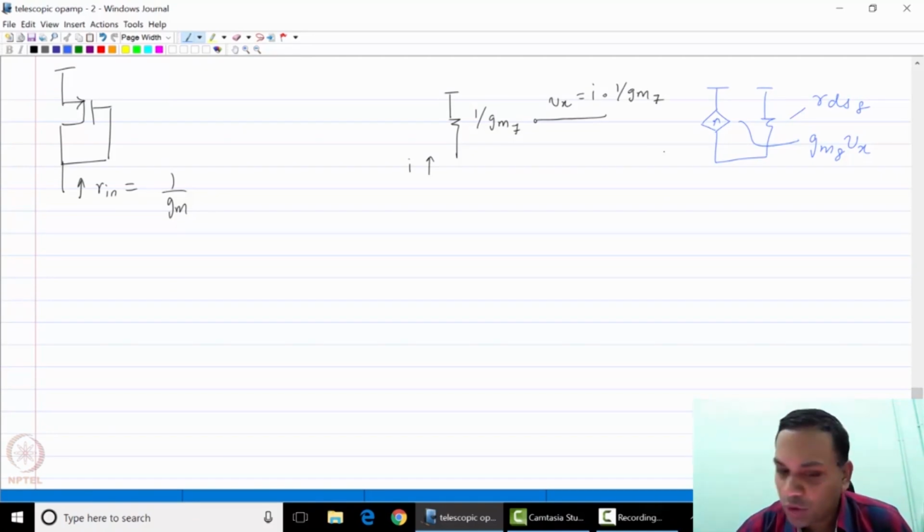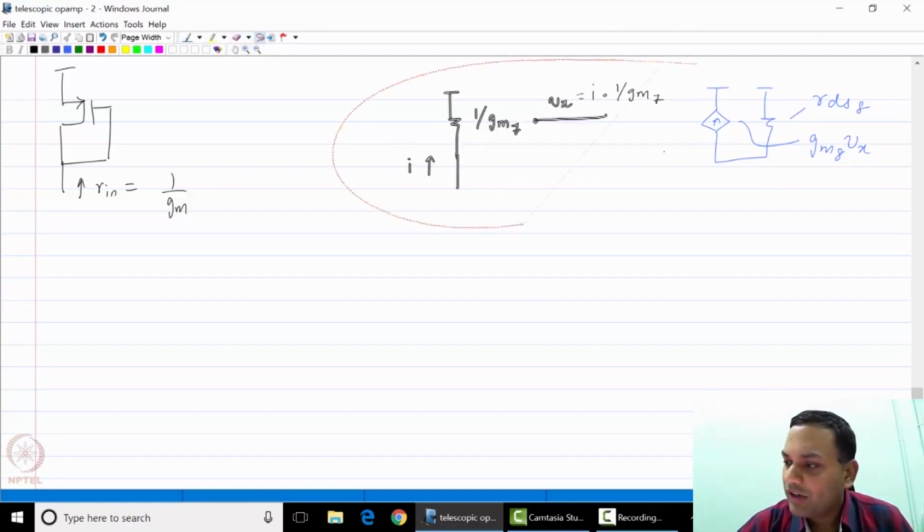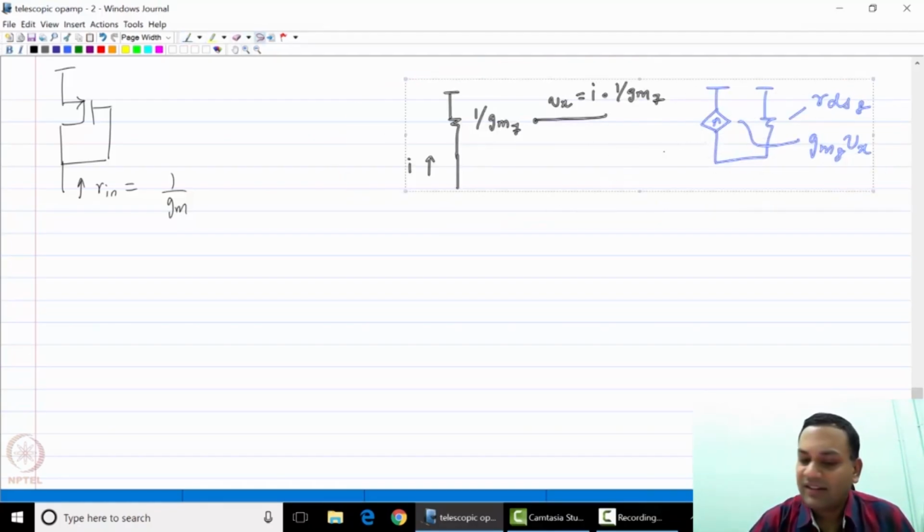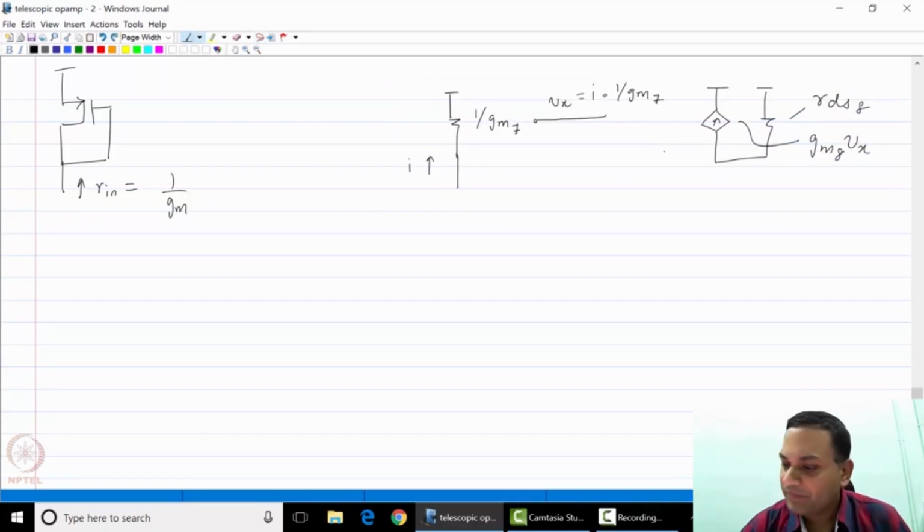For the bottom portion of the circuit, we are going to replace the cascode devices with small signal equivalents.